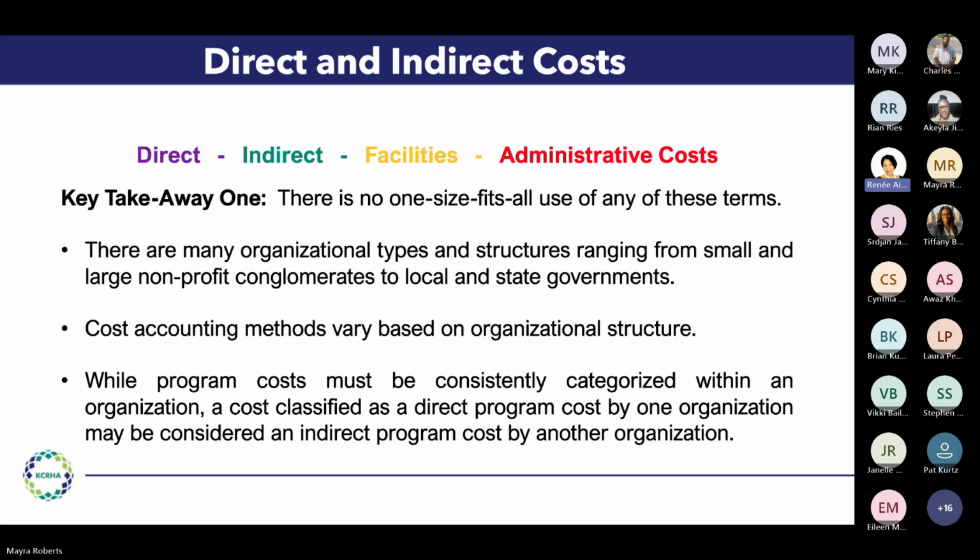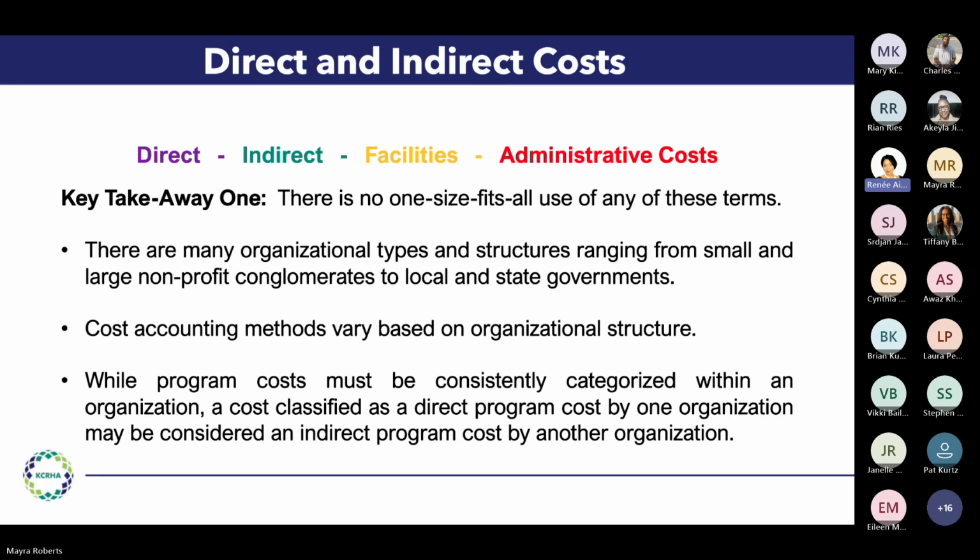If I am a major nonprofit, then I know my categorization is broken up into two major categories: facilities and administrative costs, i.e. general administrative costs, and those are those costs not otherwise included under facilities, right? And there are many organizational types and structures, ranging from large to small, that we contract with, right?